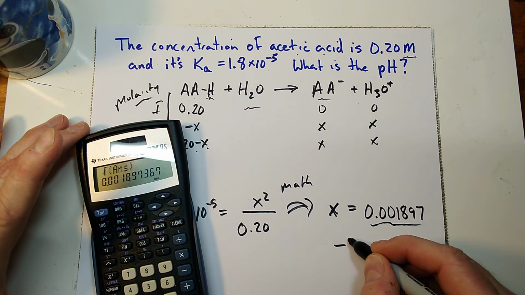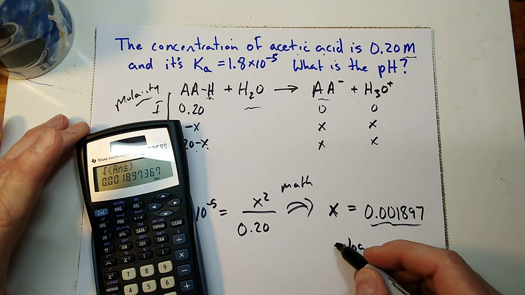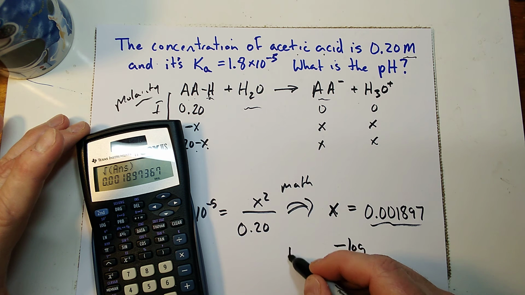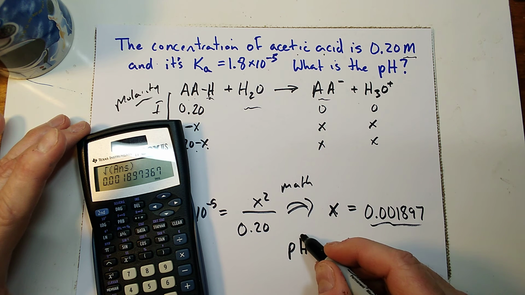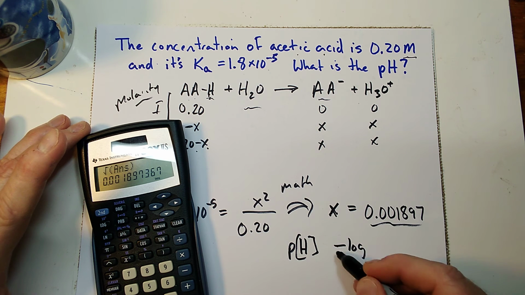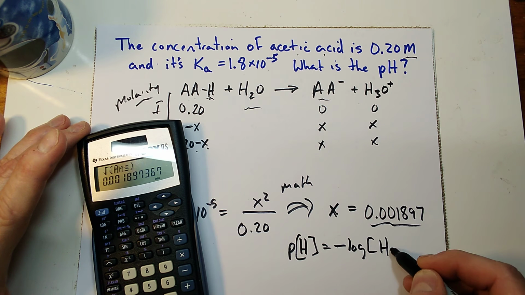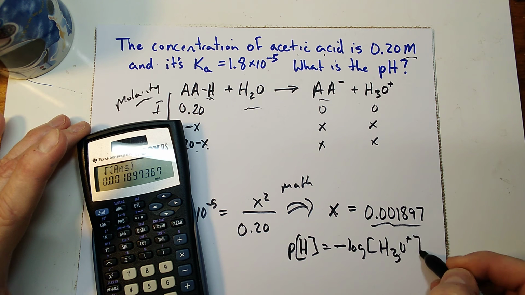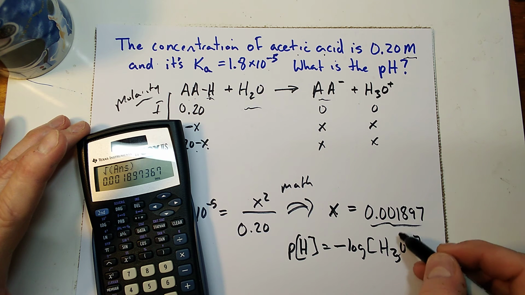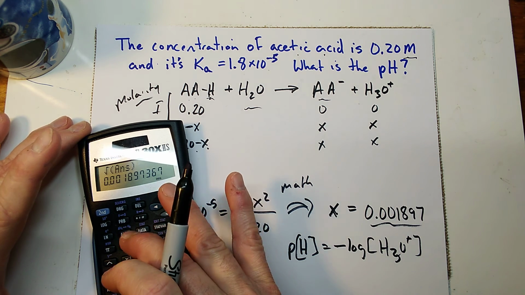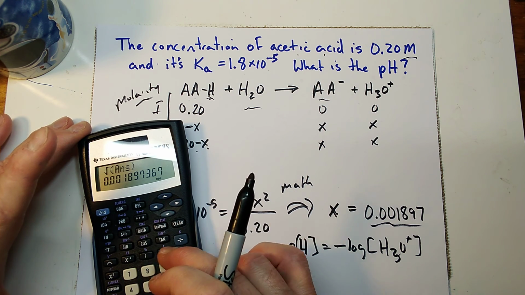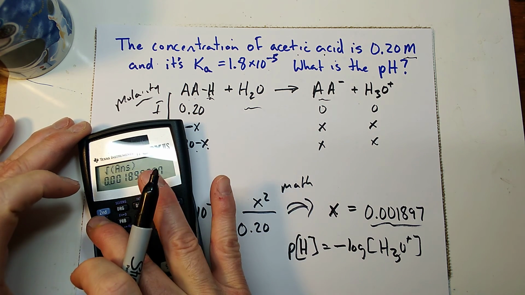So what I'll need to do is take the negative log of this, because we know that p is, as far as an operator, pH is the negative log of hydronium ion. So we have that concentration of hydronium ion. I just need to take the negative log of it. Okay, there we go.